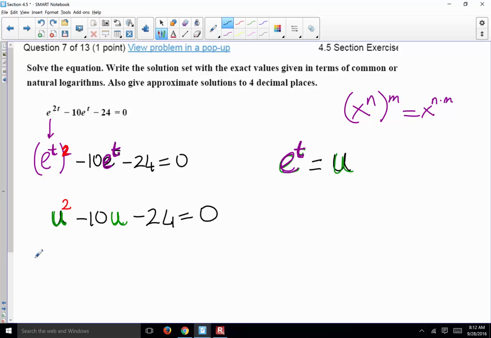We factor them. The best way is if you can factor them. If you cannot factor, use the quadratic formula, minus b plus or minus the square root of b squared minus 4ac, that thing. Use that quadratic formula. Alright, I believe you can factor this. Two numbers multiplying into minus 24, adding to minus 10.